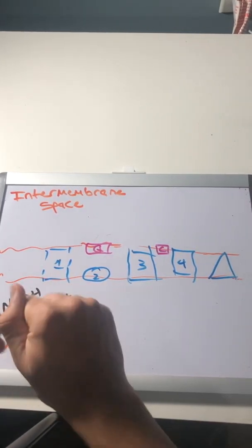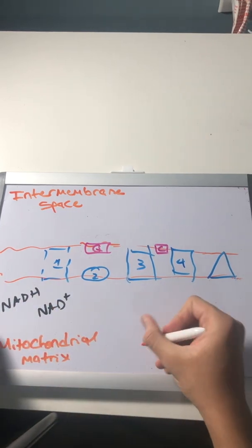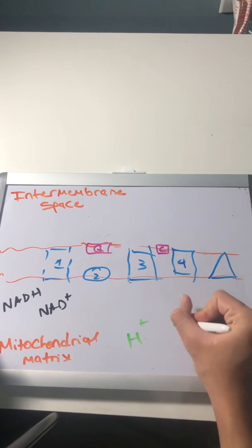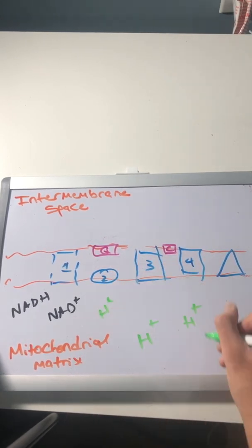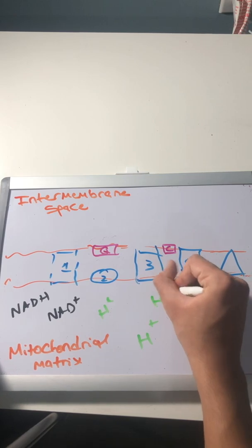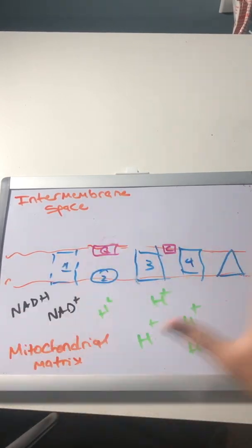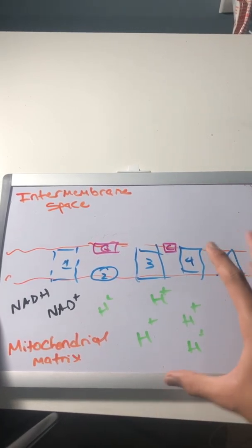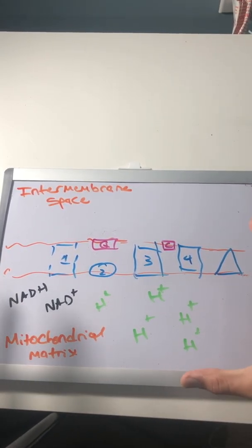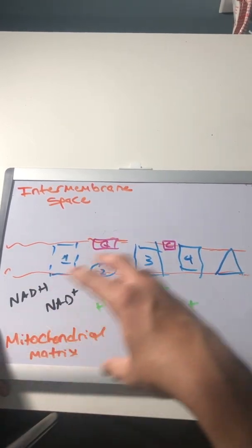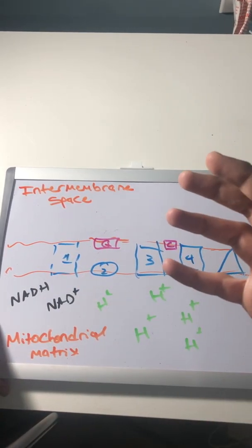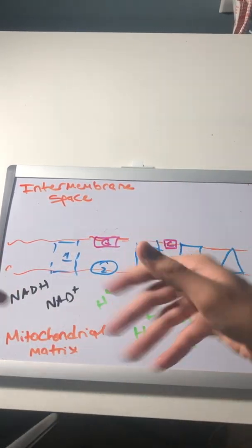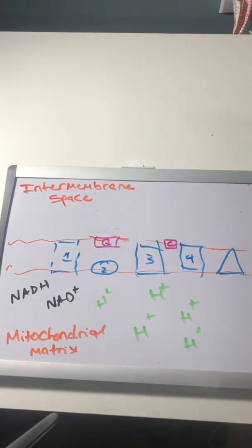Sorry, guys, forget about everything I said. I forgot to mention one key detail. The main point of oxidative phosphorylation is to move all of these hydrogens into the intermembrane space in order to create a proton gradient.